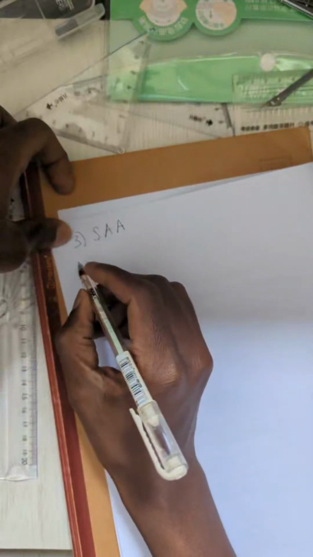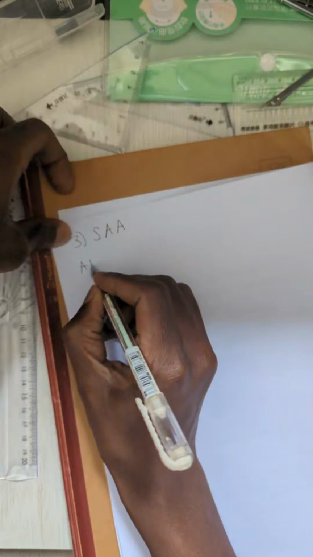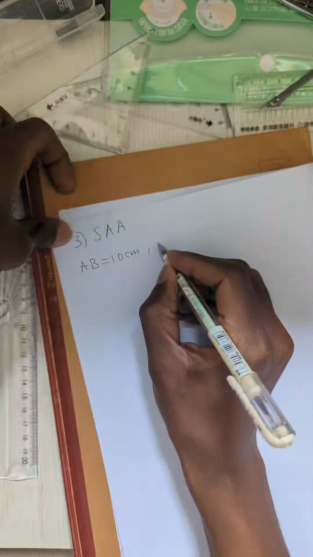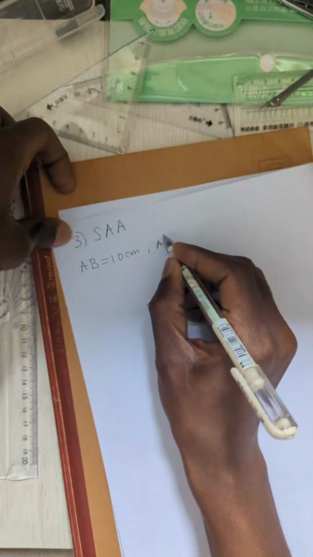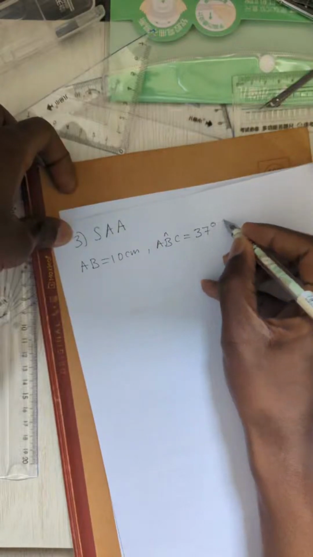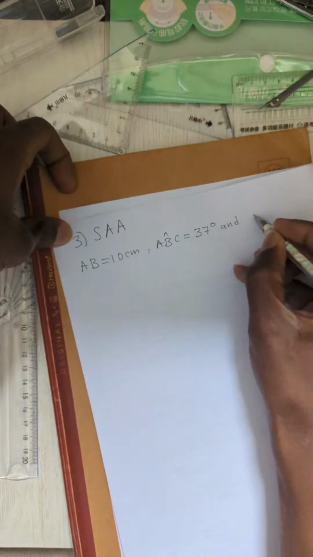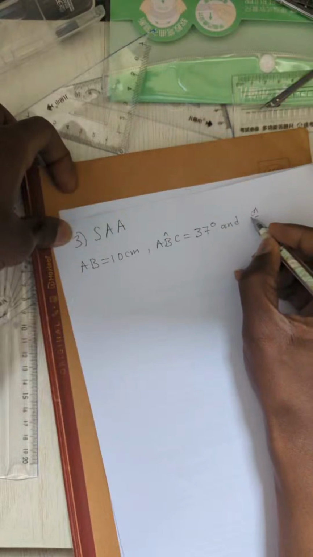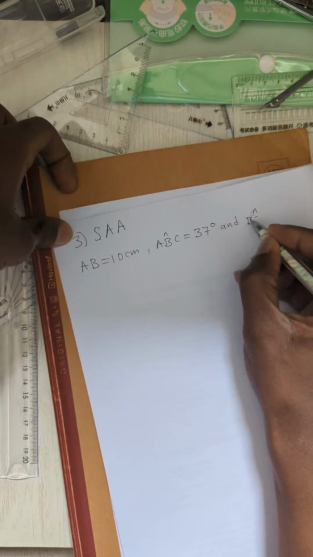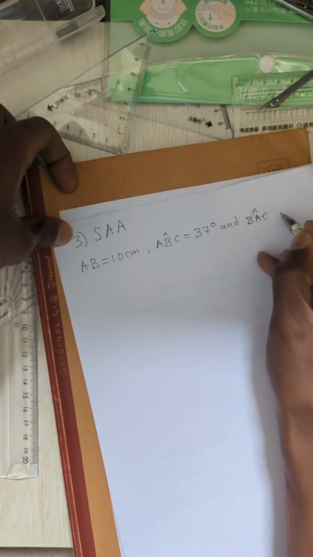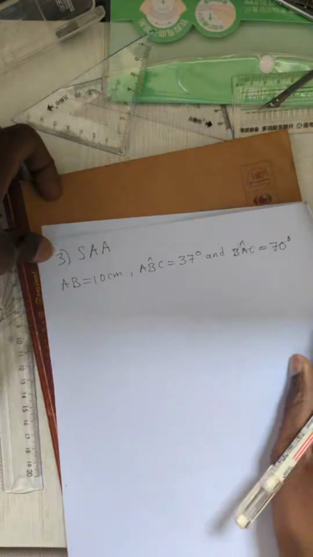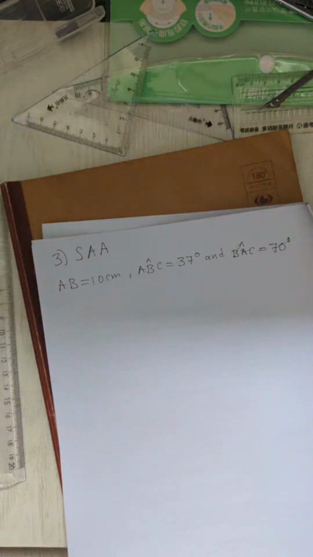For example, given that AB is 10 centimeters, angle ABC is 37 degrees and angle BAC is 70 degrees. So this is the question here. So how do we construct?